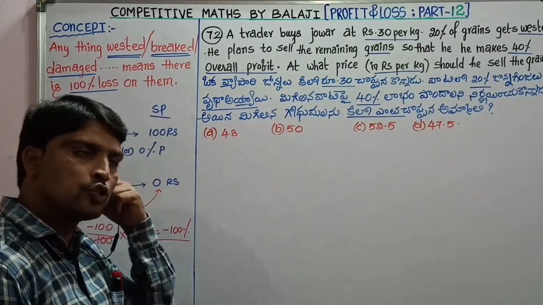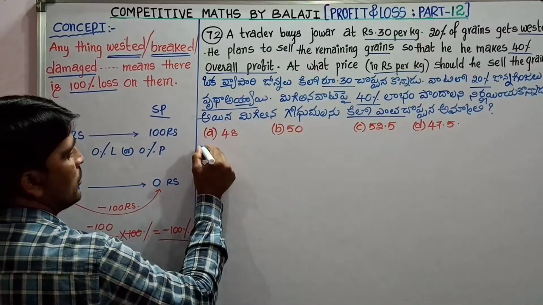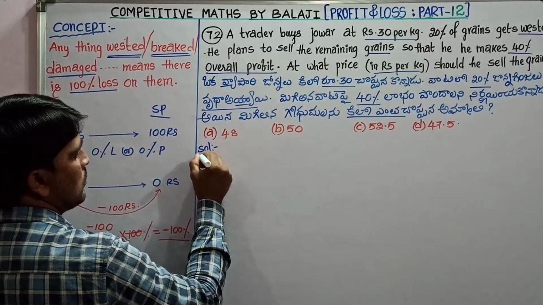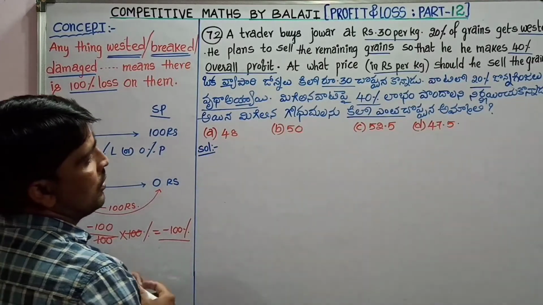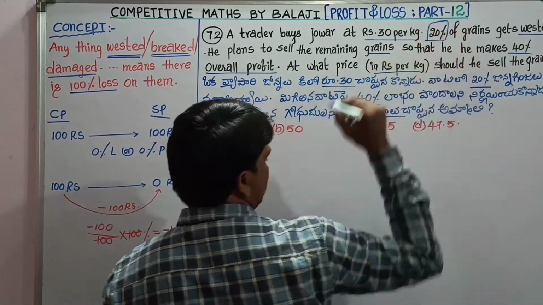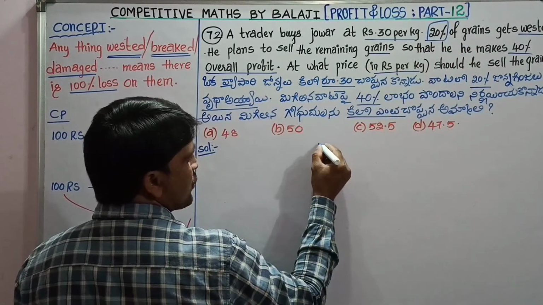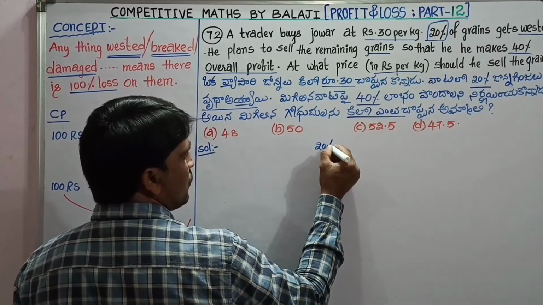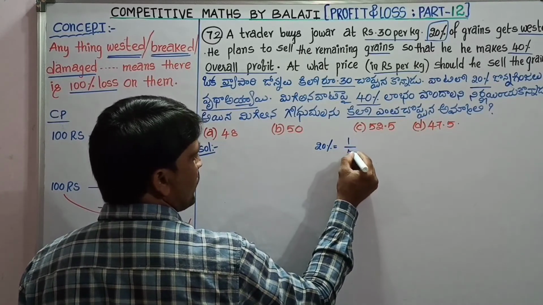Let us see it by two methods. Solution. 20% of grains are wasted. What is the fraction value of 20%? 20% means 1 by 5.